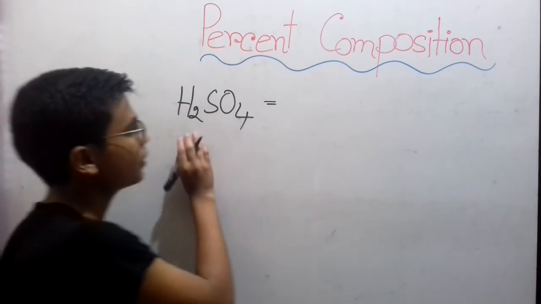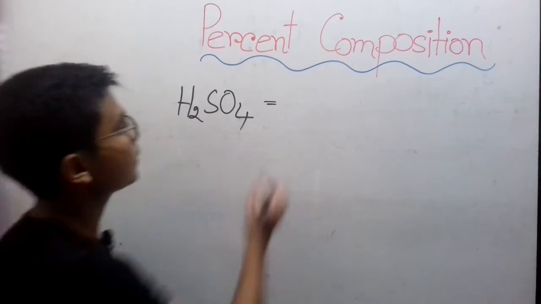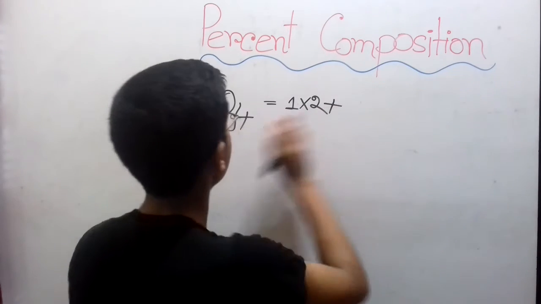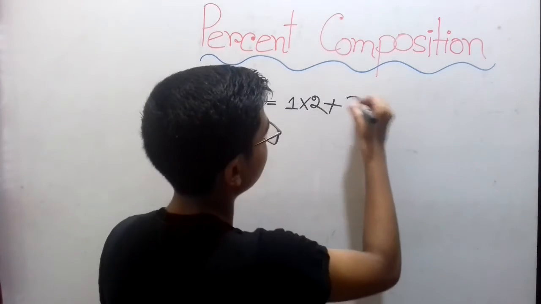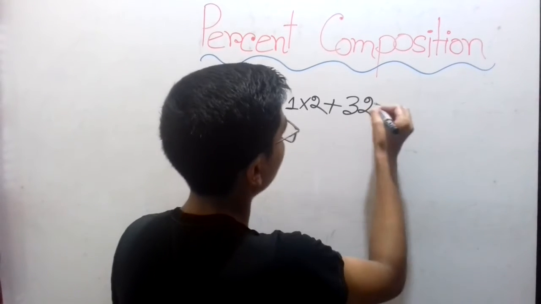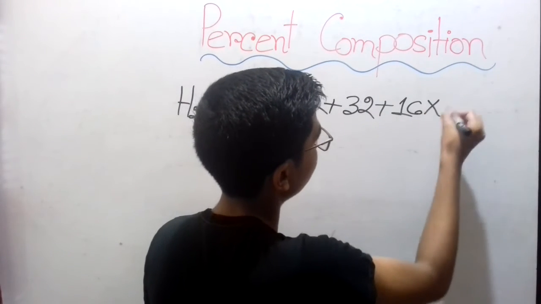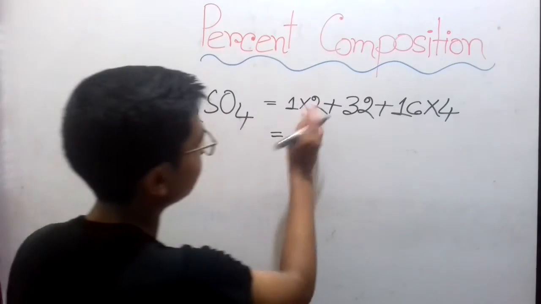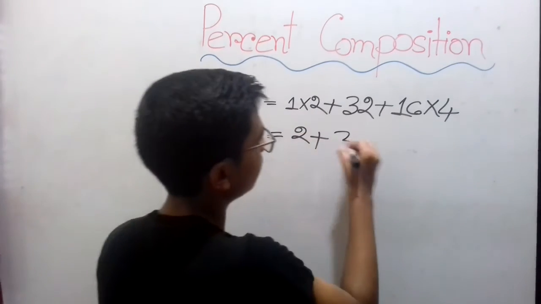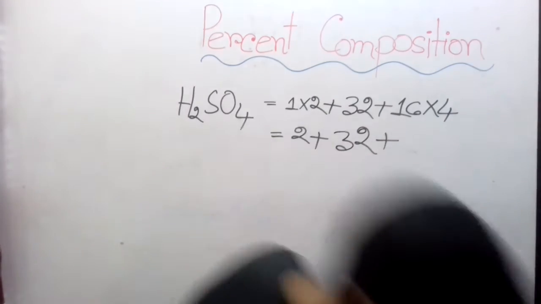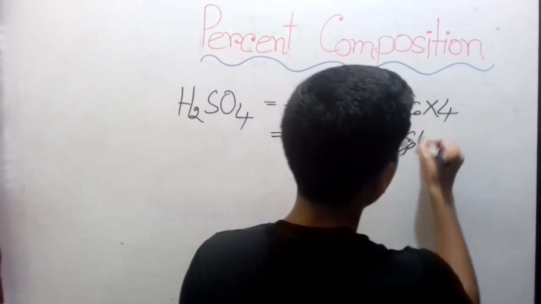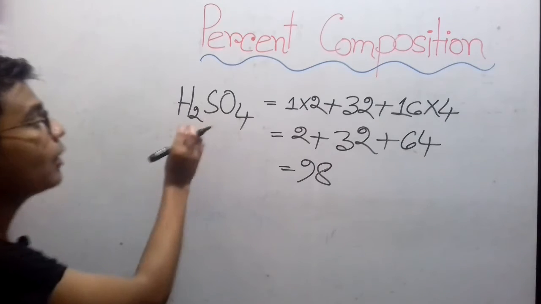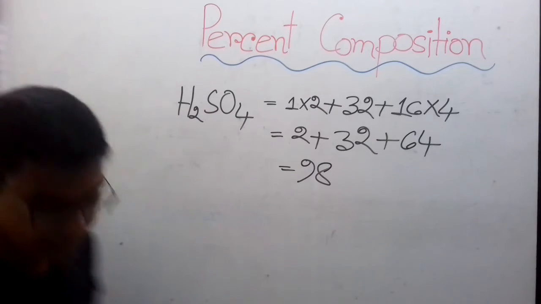Hydrogen is 1 into 2, plus sulfur 32, plus 16 into 4. So it will be 2 plus 32 plus 64, equals 98. The molecular mass of sulfuric acid is 98.